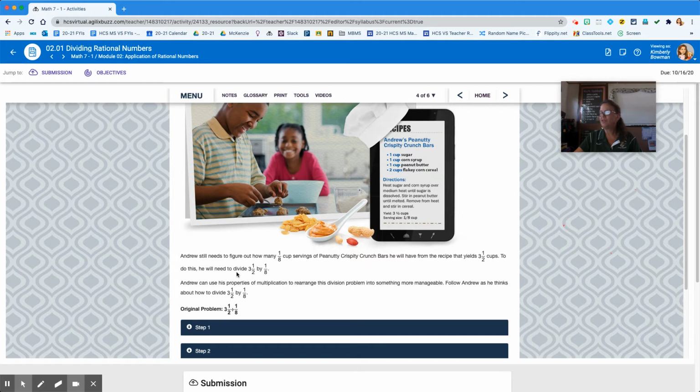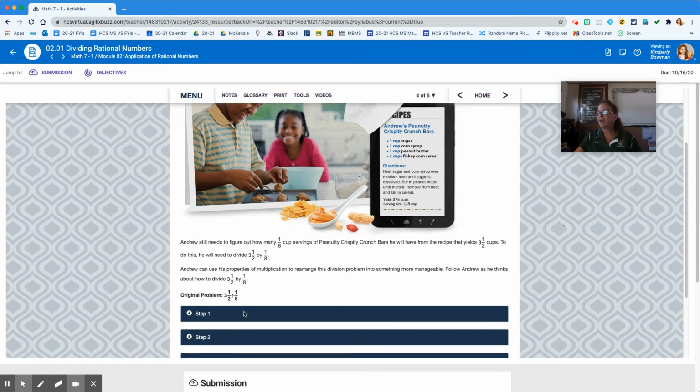To do this, he will need to divide 3.5 cups by 1/8 because he's going to make 1/8 cup servings. So he's taking the big batch and dividing it into little batches. So that tells you the operation you're going to use. So he could divide 3.5 by 1/8.